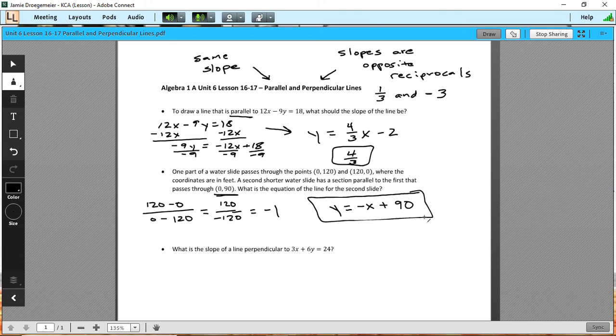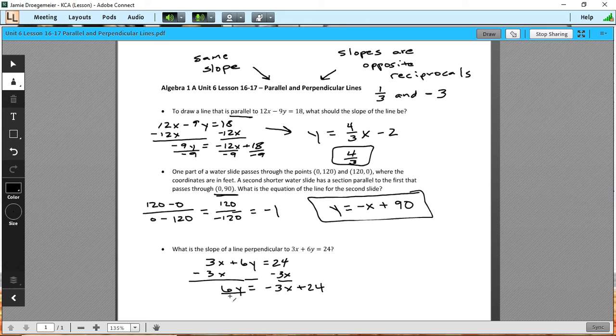All right, and then our last one here, what's the slope of a line that's perpendicular to the line we're given here? So we want to get this into slope-intercept form. So I'm going to subtract the 3x to begin with. Gives me 6y equals negative 3x plus 24.